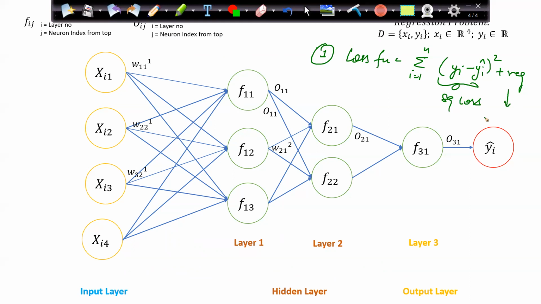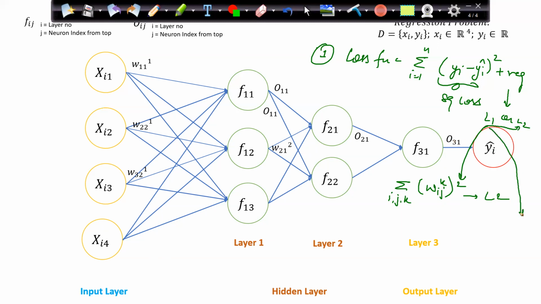This regularization can be L1 regularization or L2 regularization. If I have L2 regularization, then my equation is going to be summation of i j k, wij k squared. This is my L2 regularization.